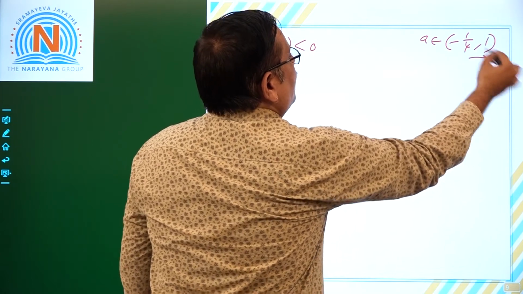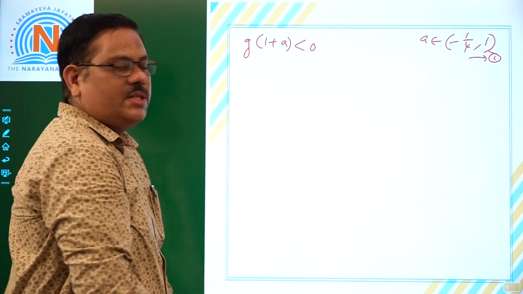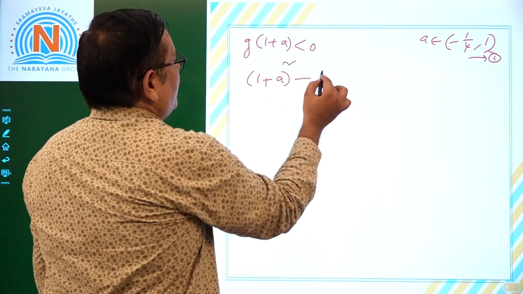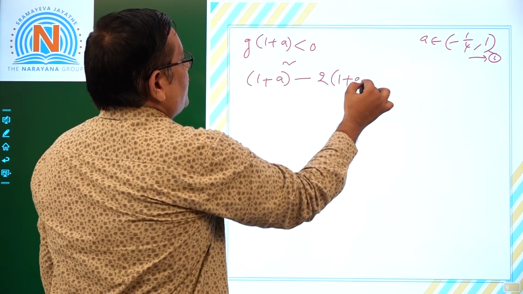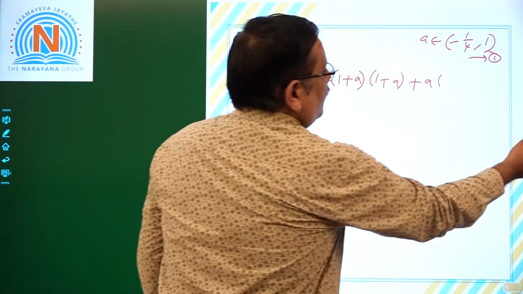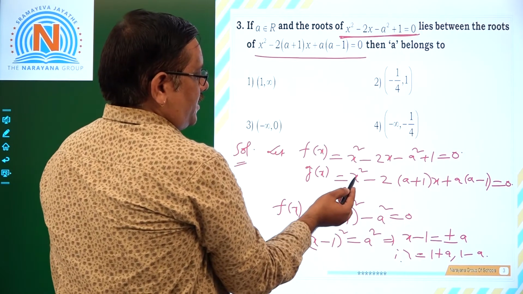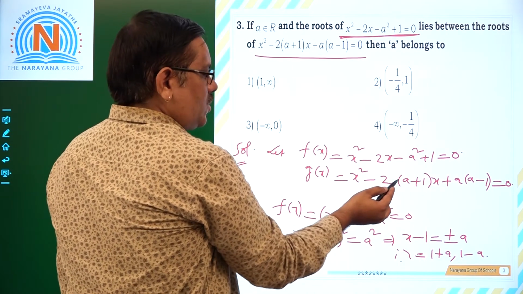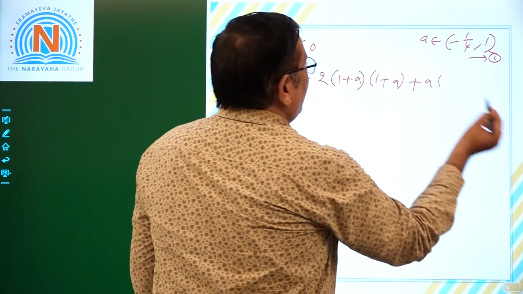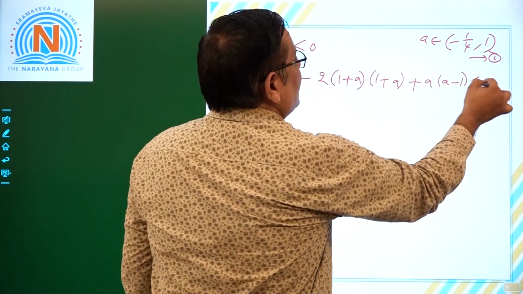Let us keep it aside. Now let us take g of 1 plus a less than 0. g of 1 plus a is 1 plus a whole square minus 2 times of a plus 1 into 1 plus a plus a of a minus 1, that is less than 0.